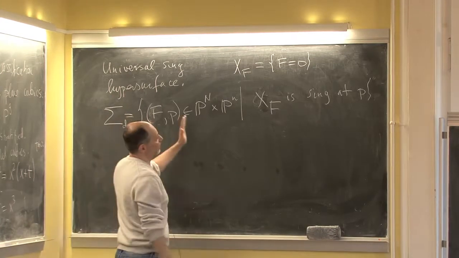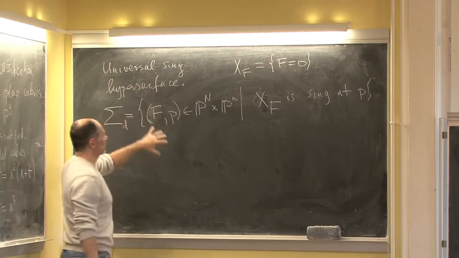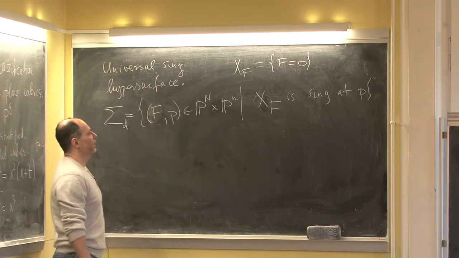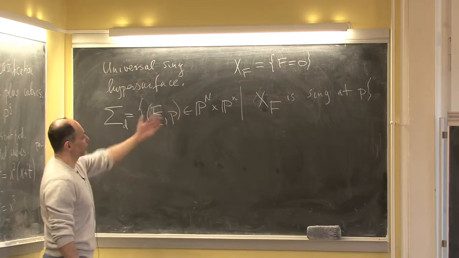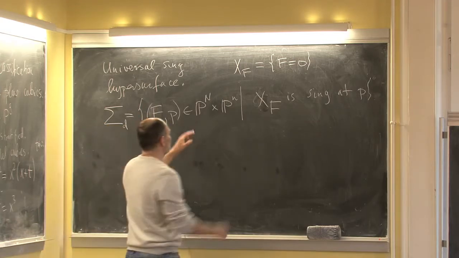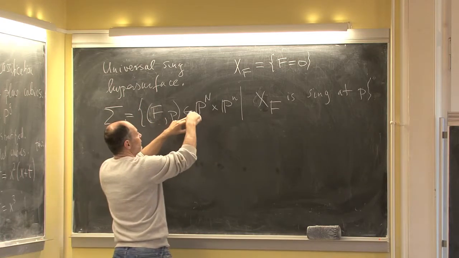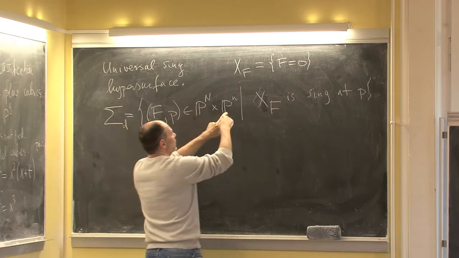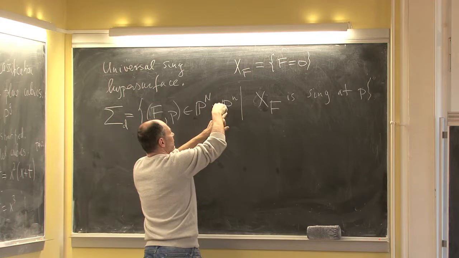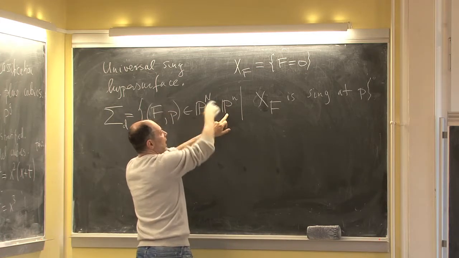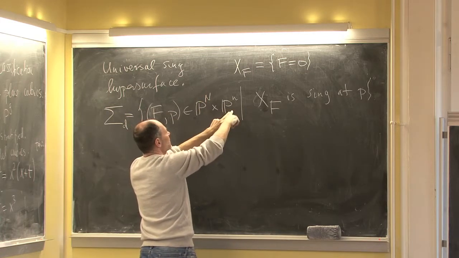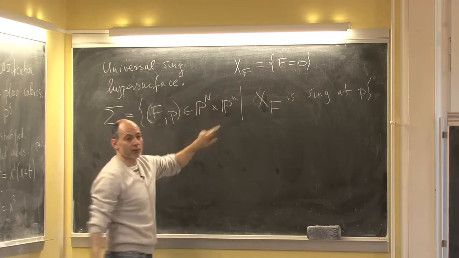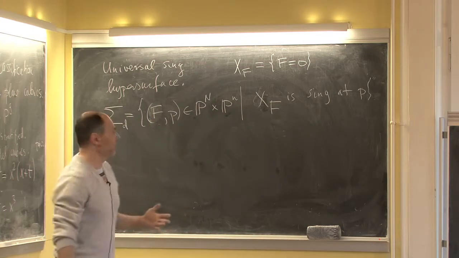Before we had a line, and we said that this line should be contained in some hypersurface. Now we just say that the point should be there. And then let's remember what we did then: instead of fixing F and looking for P's here, we looked at a particular line or linear subspace, and we looked at all the F's that contained it. And so we do the same thing now.